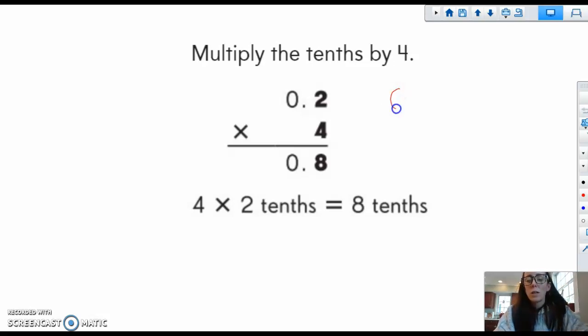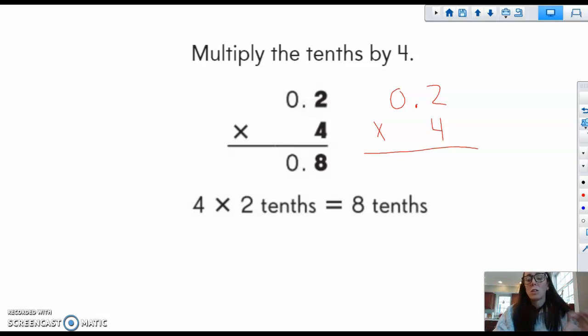So if I have 0 and 2/10 times 4, and I would write down this example in your notes, it's going to be really important that you keep track of the decimal. And what I mean by that is when we get into some higher level multiplication of decimals, it's going to get a little bit trickier.